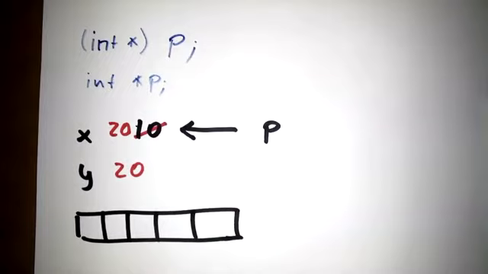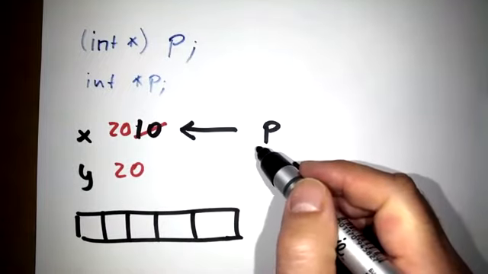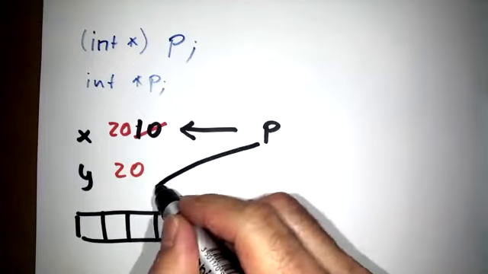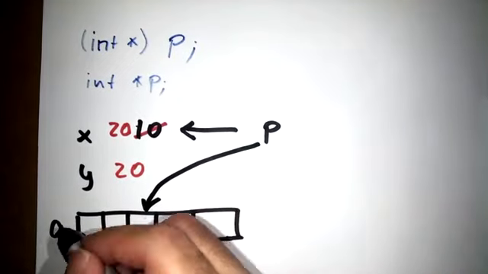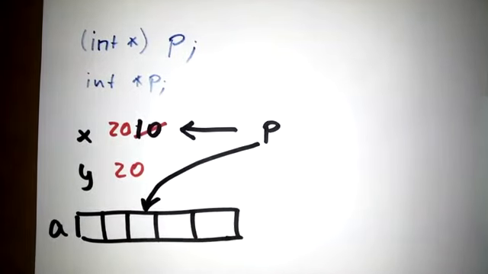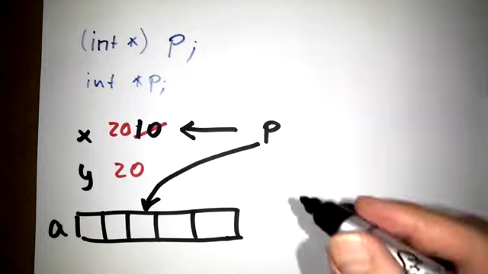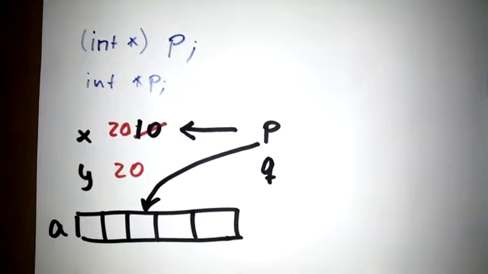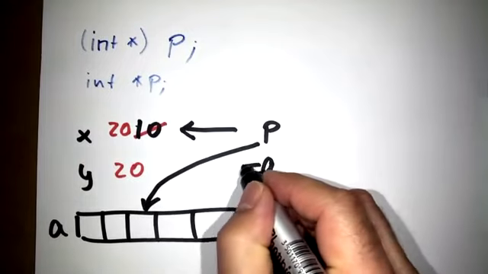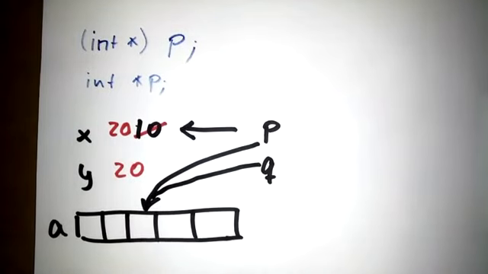So when we then say P equals the address of array 2, P would now point to this address here. Or to be precise, it would actually point to the very beginning of that 4-byte element. And lastly, Q hasn't been used at all. But if we say Q gets the exact same address as P, the effect would be that Q now also points to exactly that address.